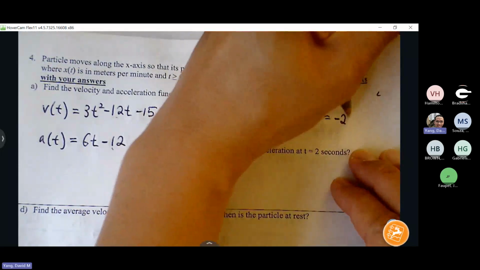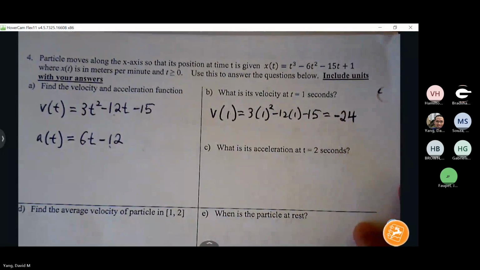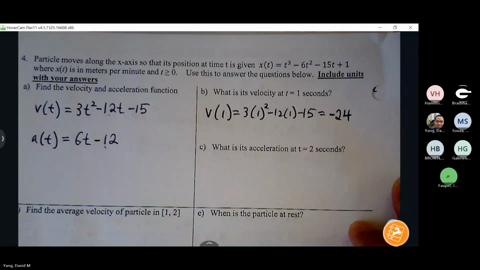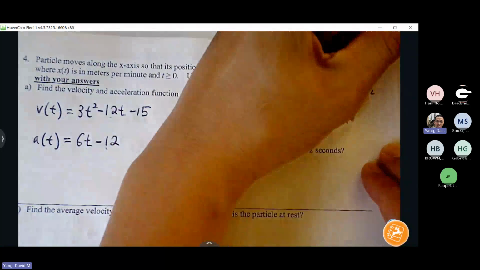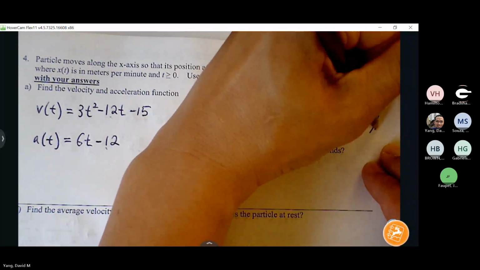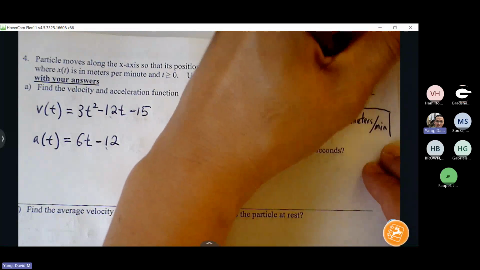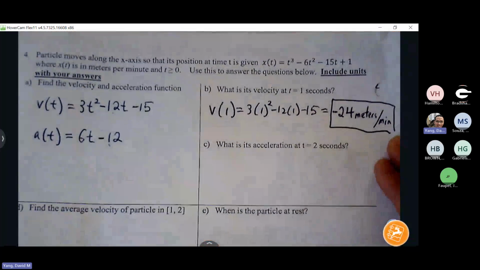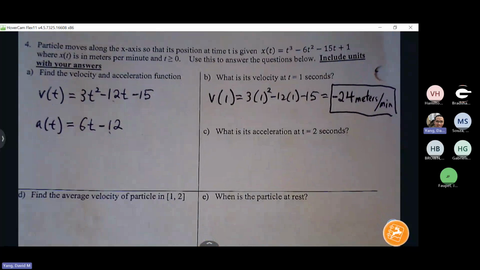Okay, what's our unit of measure though? Meters per minute. Yeah, make sure that you're not just assuming what the units of measure are, that you're looking at what the problem gives you and you use the appropriate units for that problem.